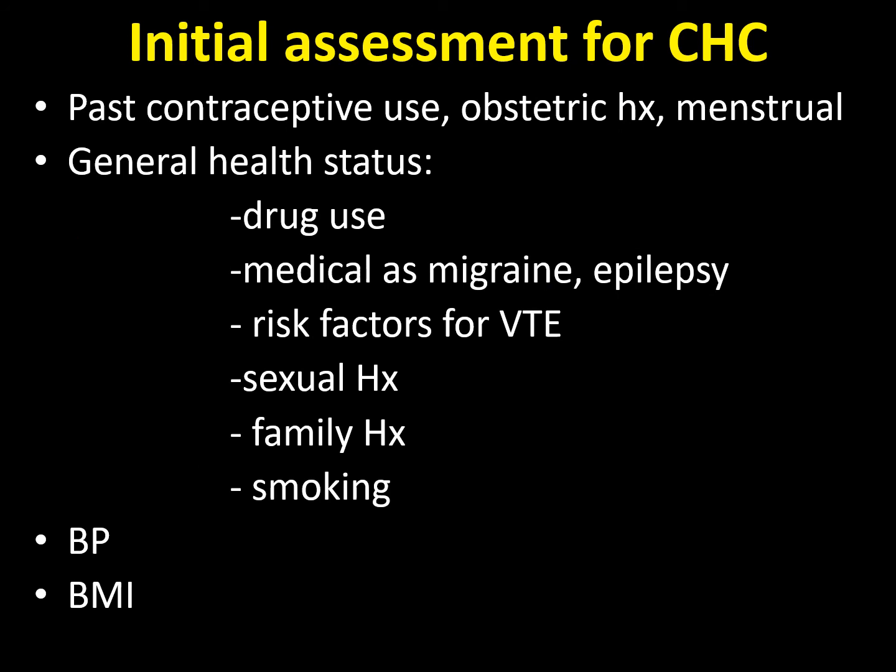Whenever you have a woman presenting to the clinic requesting combined hormonal contraception, how to assist this lady? Always start by taking a history. Of course, you start by her age, medical illnesses, past contraceptive use, if she used the same method before, what method she used before, if she was comfortable with the method, or if she got pregnant while using the method, past obstetric history.